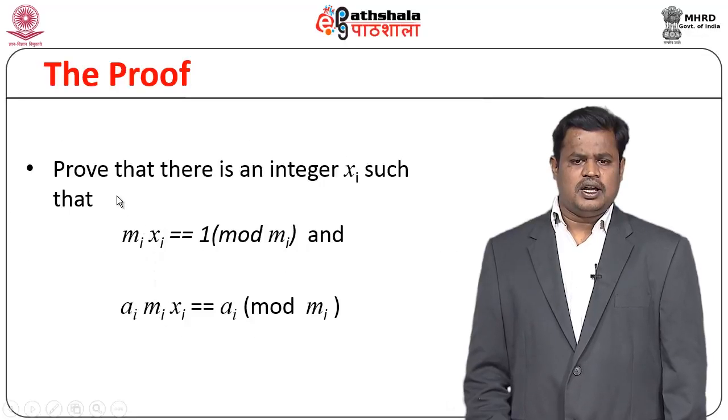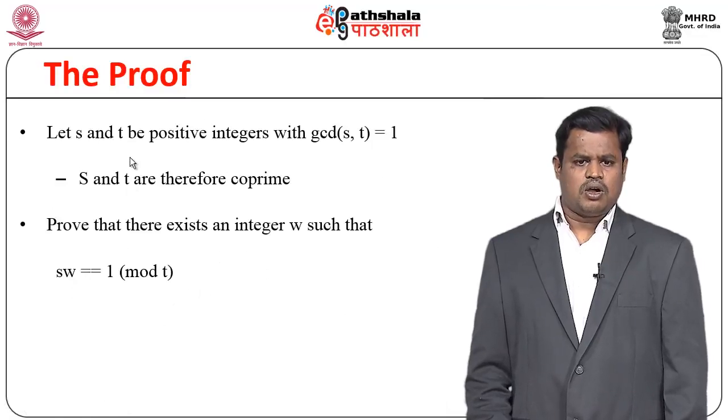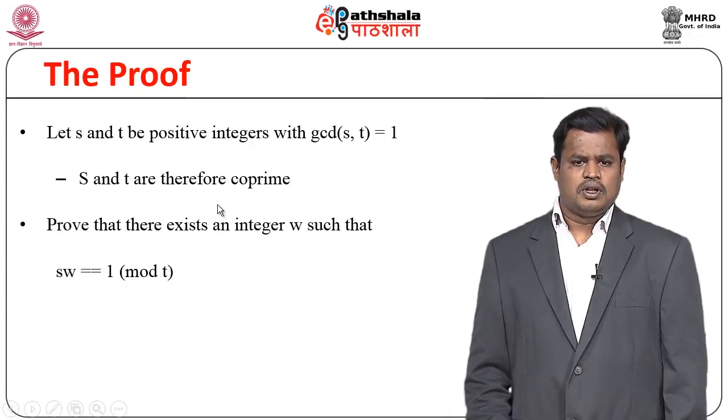The next comes the integer. So we started with the congruence equation saying that GCD is 1, so they are co-prime, and there exists an integer w such that sw is equal to 1 mod t.